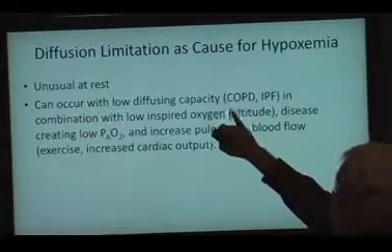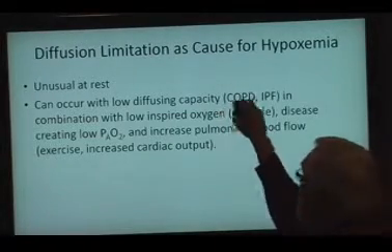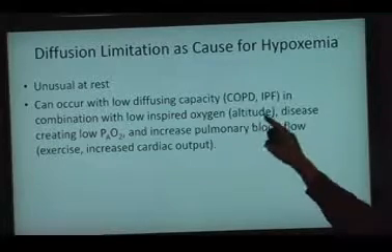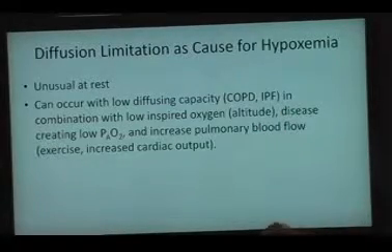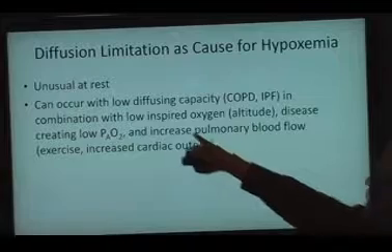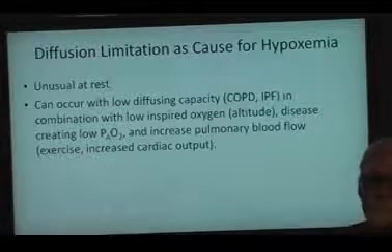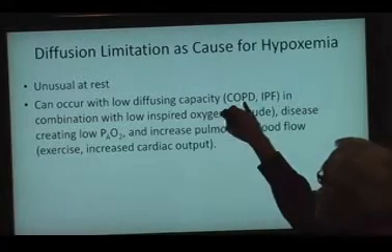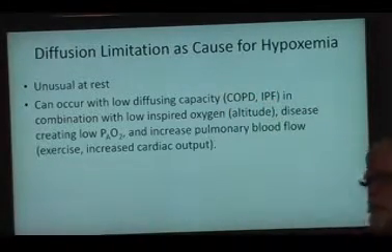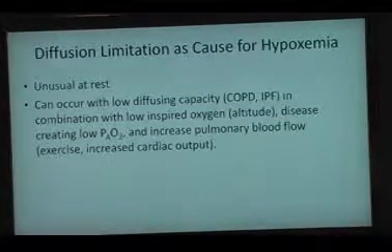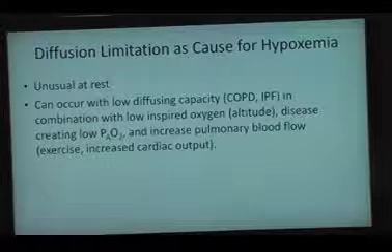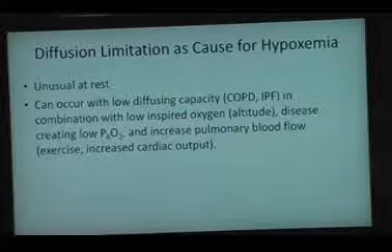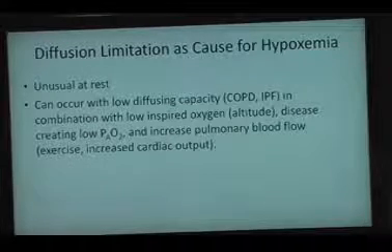So in persons with diseases like COPD and IPF who have low diffusing capacities, that can result in hypoxemia if it is combined with a low inspired oxygen, such as at altitude. So an individual with COPD or IPF with a low diffusing capacity might not be hypoxemic in Boston, but they may become hypoxemic in Denver or Salt Lake City, where the inspired PO2 is lower.